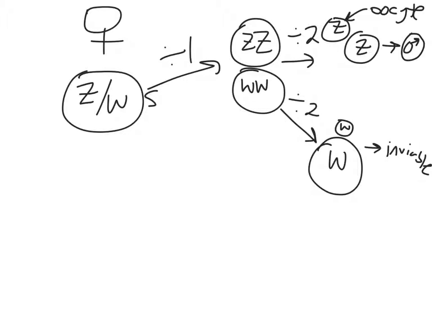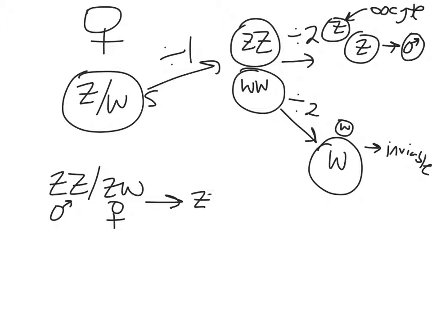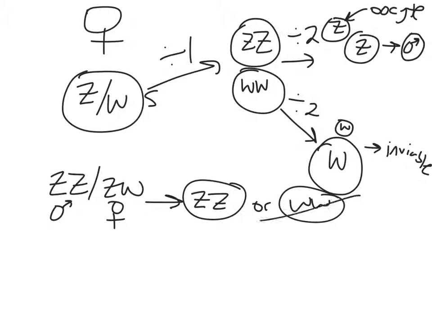Yep. So if the species has ZZ, which is male, and ZW sex chromosomes, which are female, parthenogenesis would, as we drew on this slide, produce only ZZ offspring, or WW, which we've concluded are likely inviable.